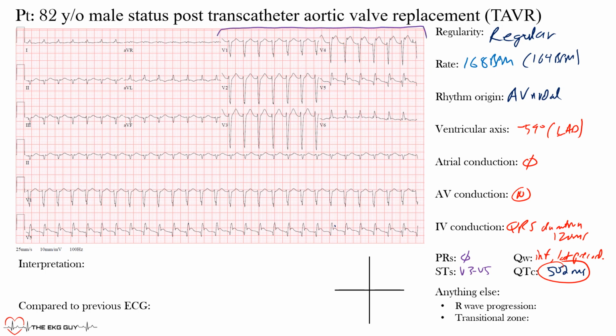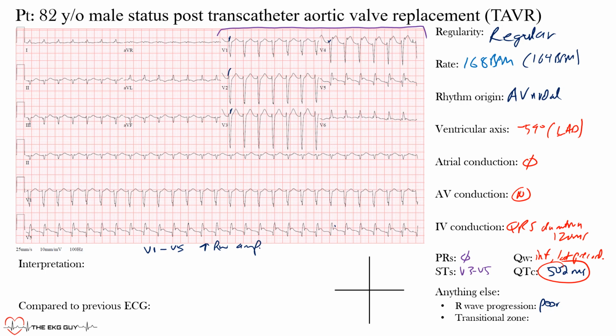And in this case, we do have what's called poor R wave progression. And why is that? Well, notice that these R waves here that we're seeing are not really increasing in amplitude. Normally, you should see from V1 to V5 an increase in the R wave amplitude, okay?